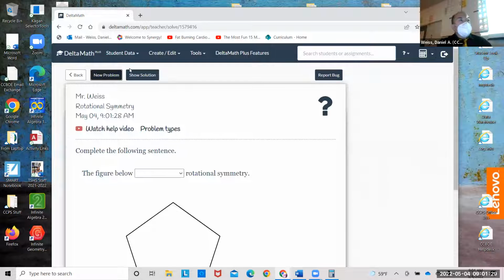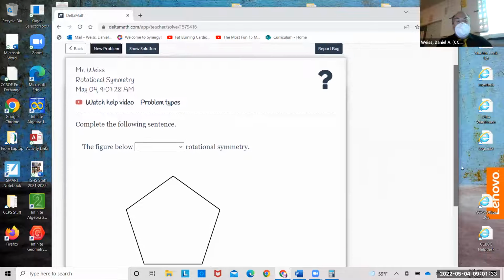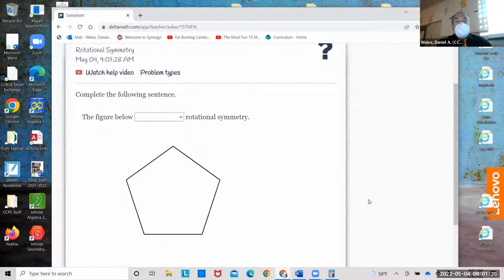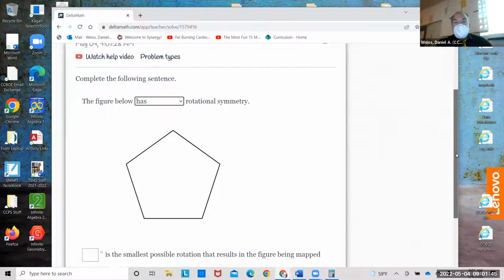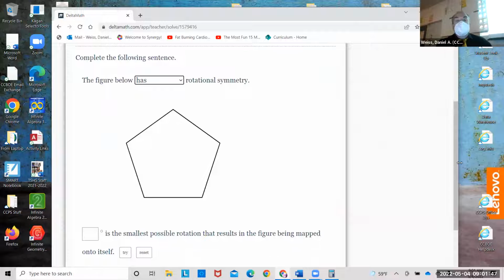Is there rotational symmetry here? Yes. Okay. And what's the smallest possible degree rotation? I'm going to say there's 1, 2, 3, 4, 5.